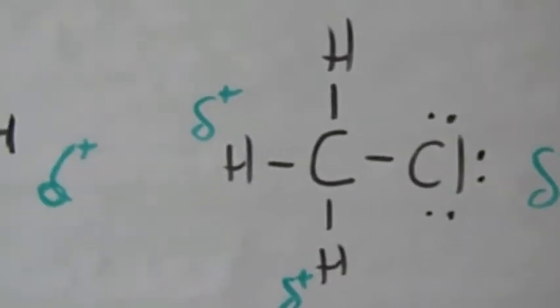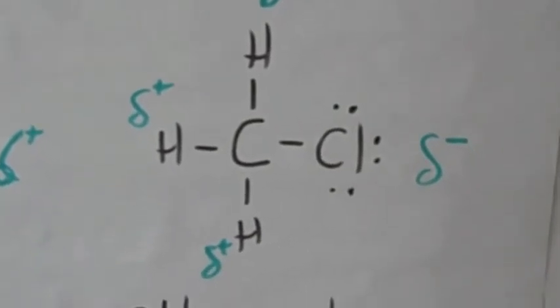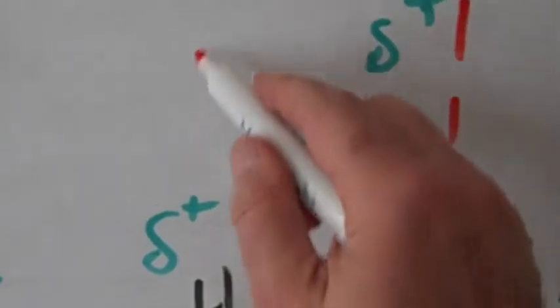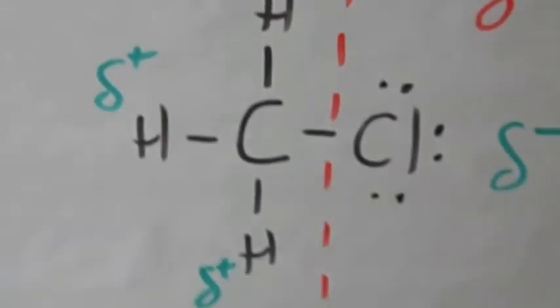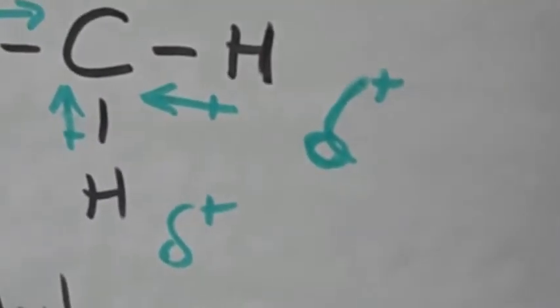Now, if we look at this, we can actually draw a line to separate the negative part of the molecule from the positive part. This side of the molecule is going to be somewhat negative, and this side is going to be somewhat positive. Kind of like a magnet. That's why we call chloromethane a polar molecule.